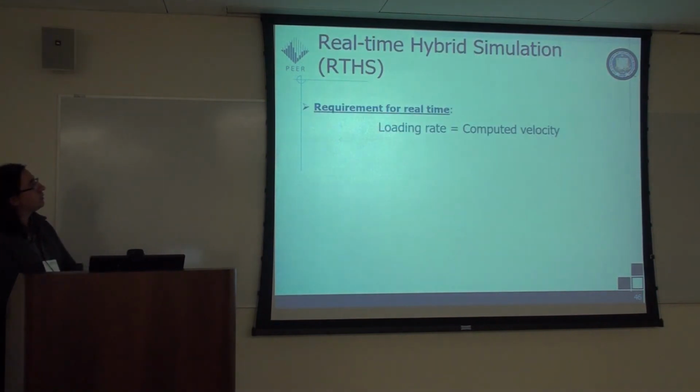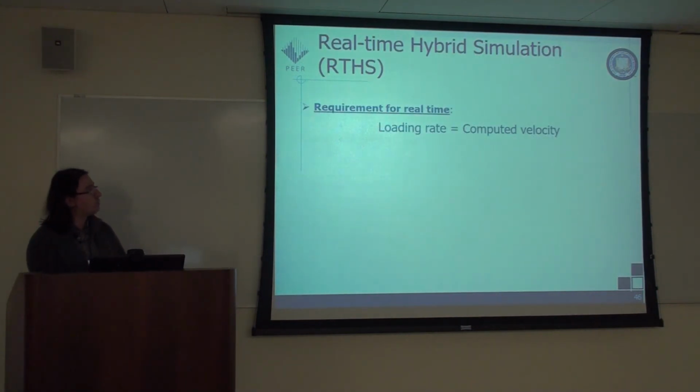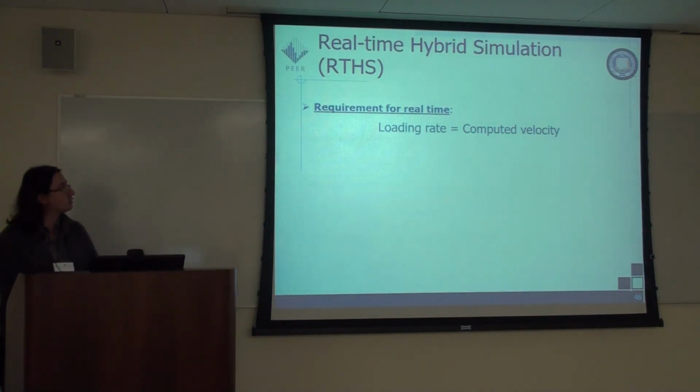And in the case of real-time hybrid simulation, the requirement is basically that you need to apply the displacements at their correct rates, and the loading rate needs to be equal to the computed velocity.